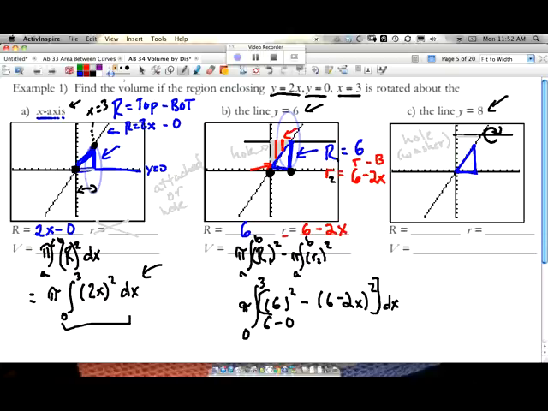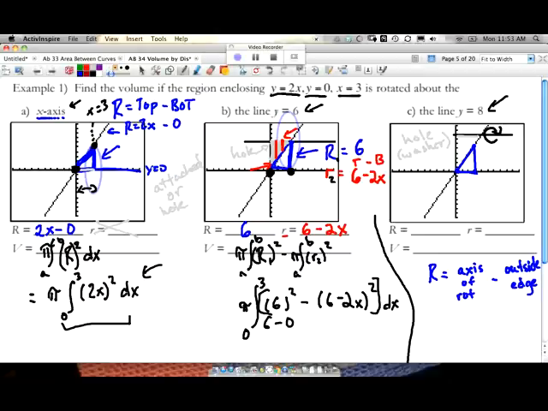Okay, so our big R, let's summarize this a little bit. To really figure that out, it's the difference between the rotation axis, the axis of rotation, and the outside edge.